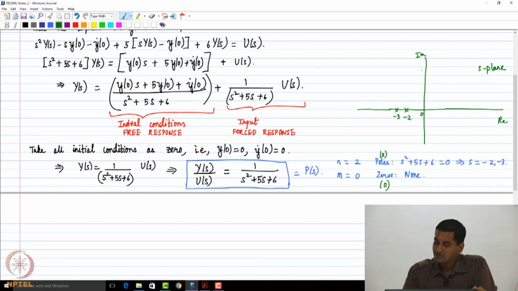Now, some more terms. The imaginary axis divides the complex plane into two halves.